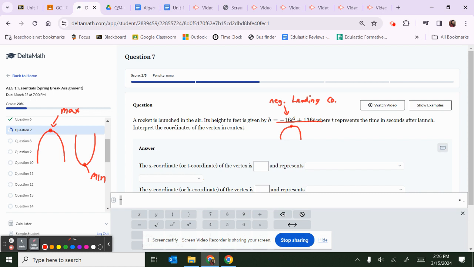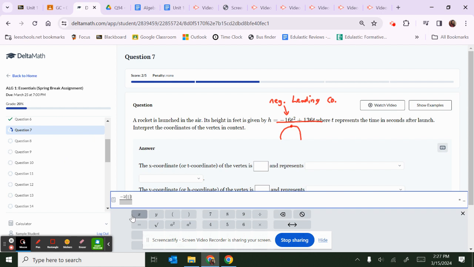Okay. So let's find what that maximum vertex is by first defining the time using negative b over 2a. So I have negative 1 over 2. Okay. Your b is 136. Your a is negative 16. And I got 4.25.